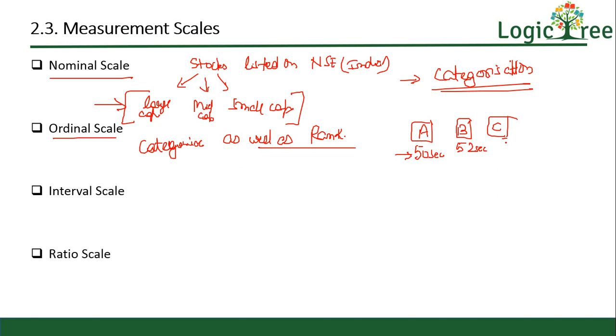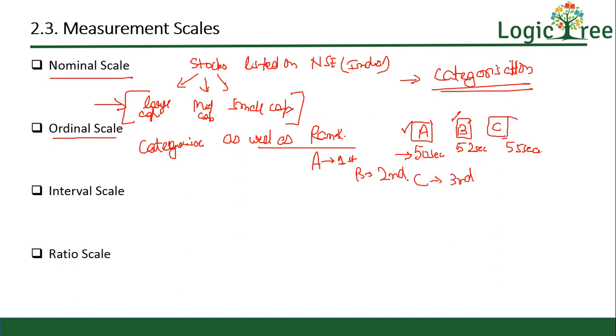Like C completed the race in 55 seconds. So A stood first, while B stood second. So if I give a rank to this, A scored a rank of first, B scored a rank of second, and C scored a rank of third.